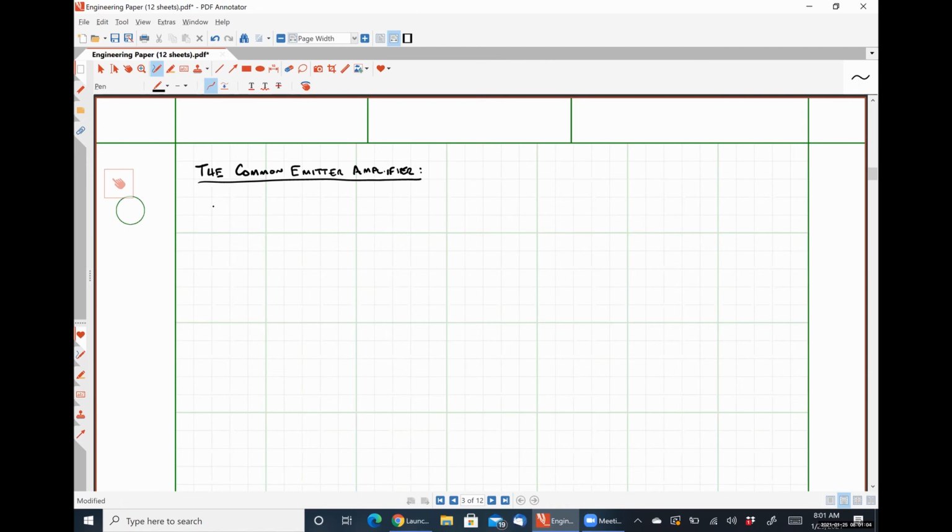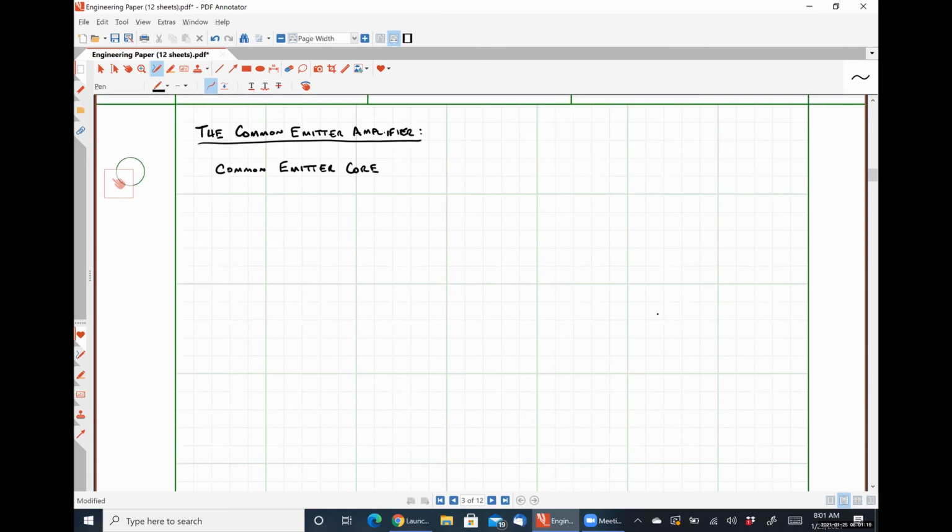So we'll start with the common emitter core, which is what we dealt with largely in chapter 4. And that's a circuit that looks something like this.